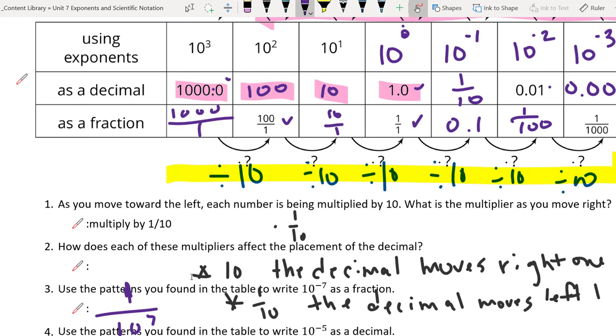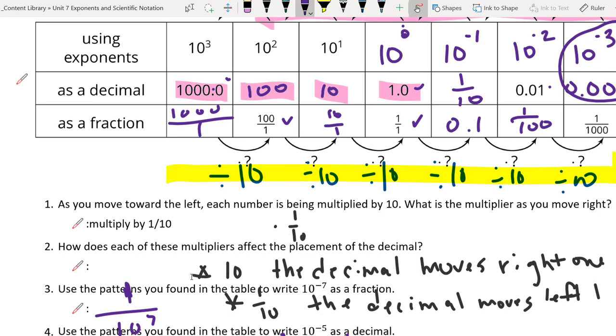Use the pattern you found in the table to write 10 to the negative 5th as a decimal. So if you wanted to continue the table from up here, where we have 10 to the negative 3rd, 10 to the negative 3rd was 0.001.